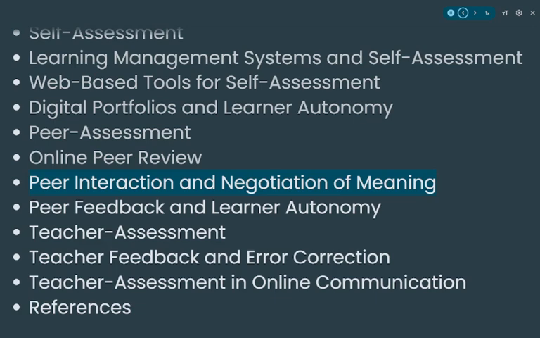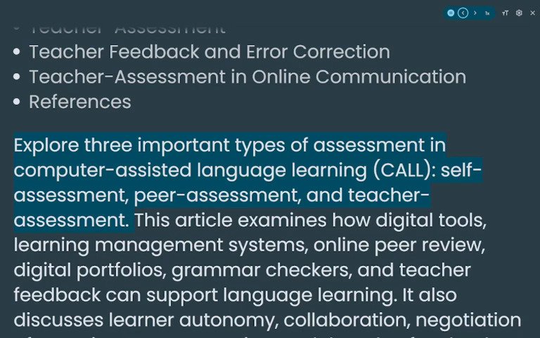Peer interaction and negotiation of meaning. Peer feedback and learner autonomy. Teacher assessment. Teacher feedback and error correction. Teacher assessment in online communication. References. Explore 3 important types of assessment in computer-assisted language learning, called self-assessment, peer assessment, and teacher assessment.